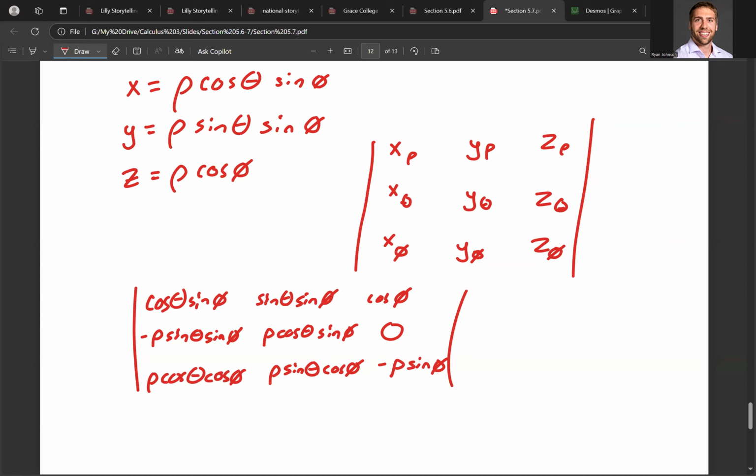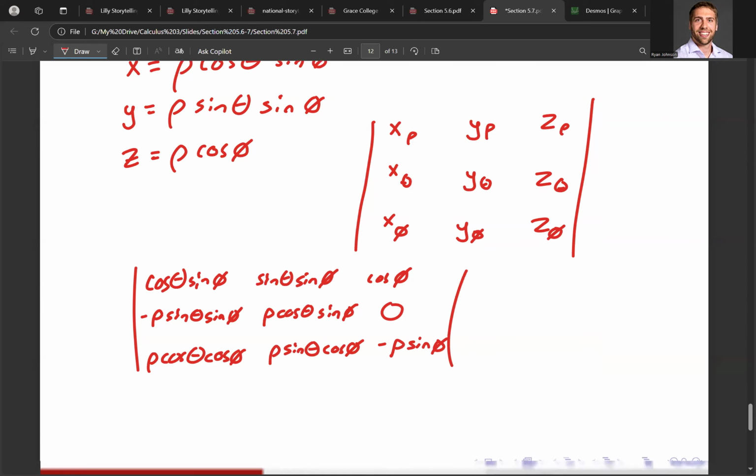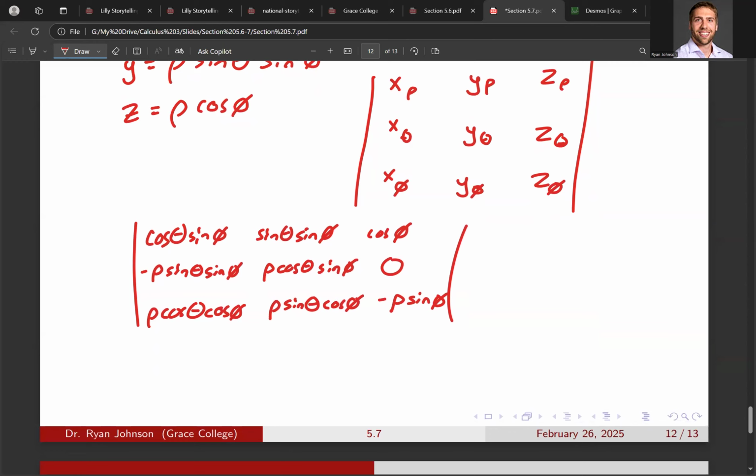Then you would copy the first two rows down again and you're off to the races as far as finding all the things.